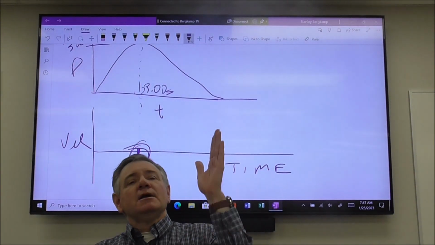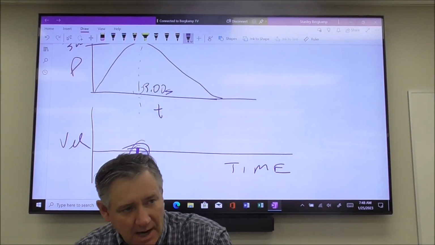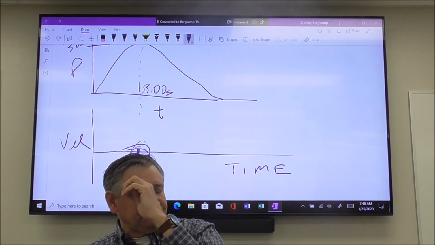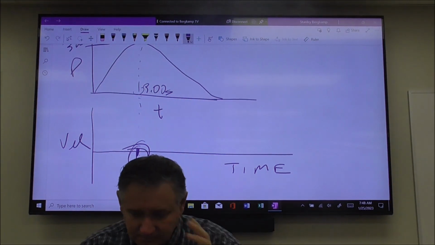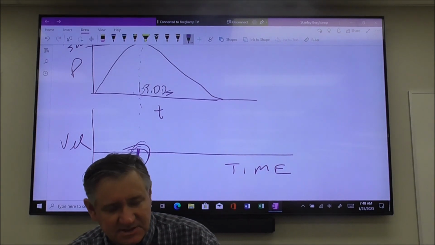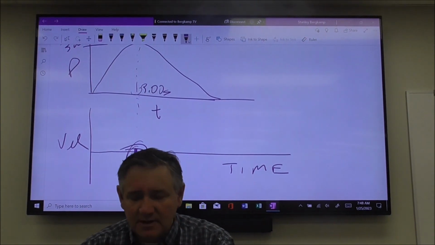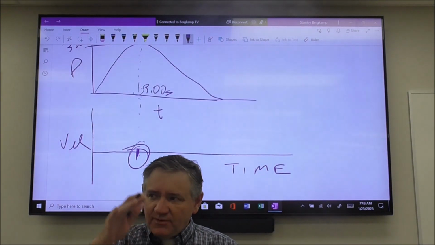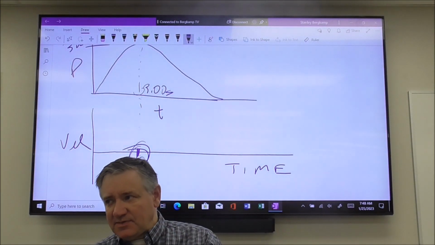Now, here's the problem with this velocity time graph. For 12 years in your high school or education system at Mays or wherever you've been, on graphs you've always been told to play connect the dots.